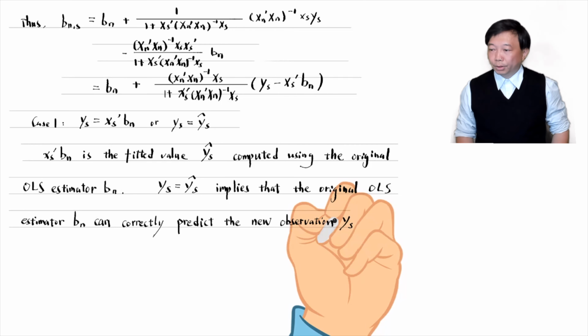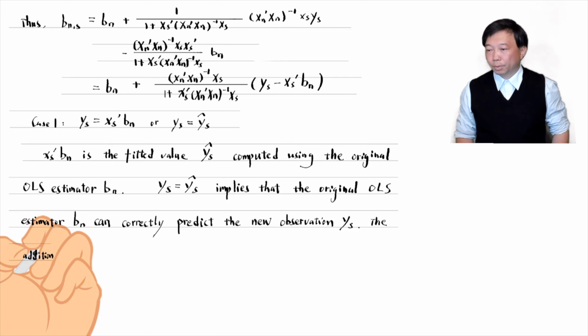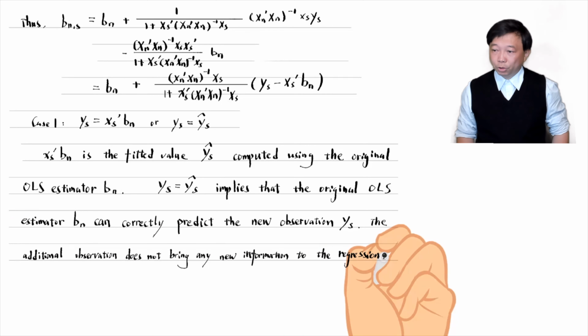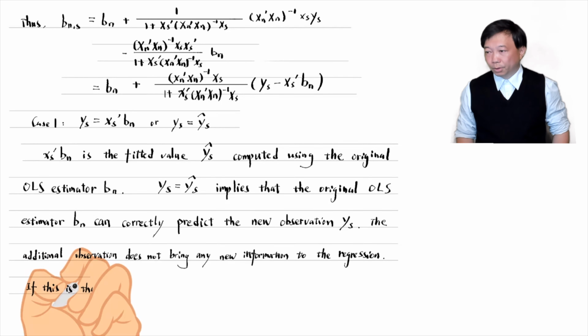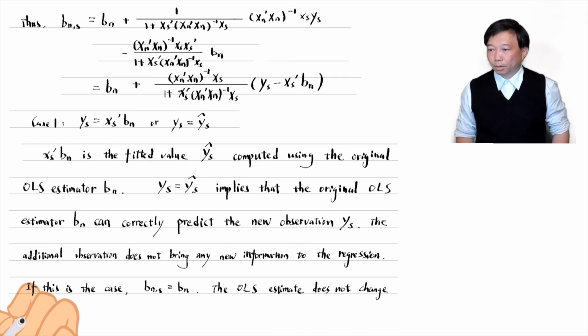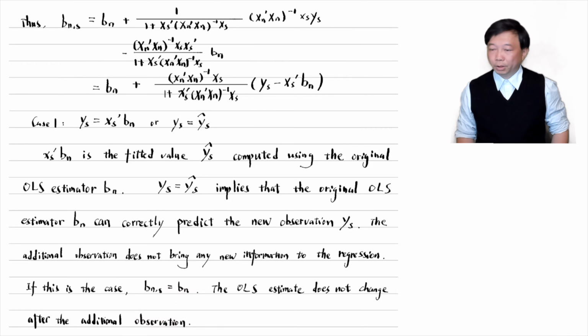That is, the new observation on y can be perfectly predicted using the information already in hand. The additional observation does not bring any new information to the regression. If this is the case, Bns equals Bn. The OLS estimate does not change with the additional observation.